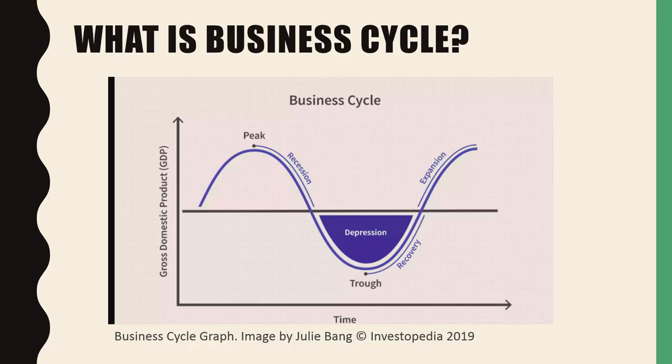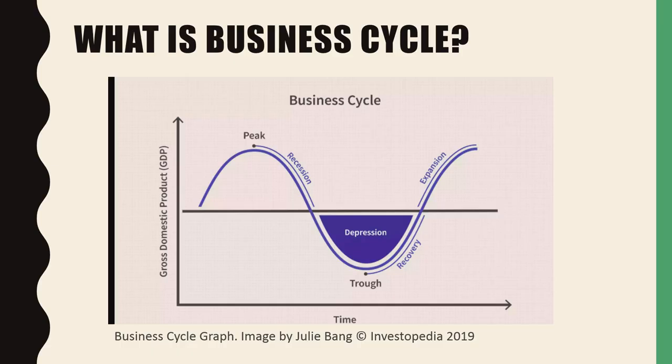When it grows to its maximum, it will fall to recession. And when the recession continues, it will move into depression until the lowest point, which is the trough. And at the lowest point, things will get better. So it starts to recover.